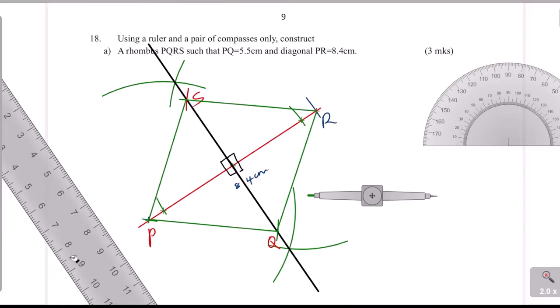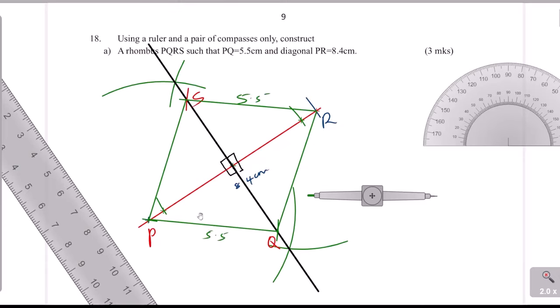So the rhombus is complete. So P, Q, R, and S is complete with these measurements here. These will be 5.5 and this is 5.5 centimeters.